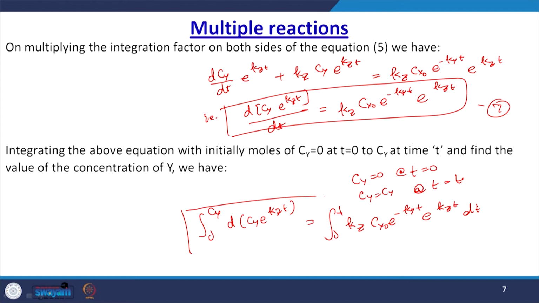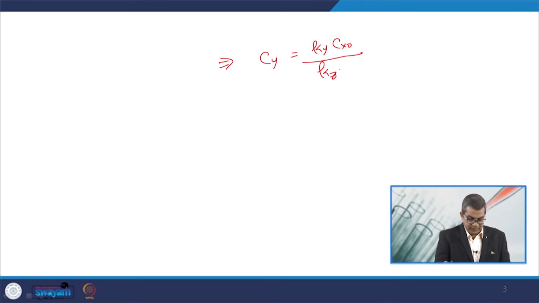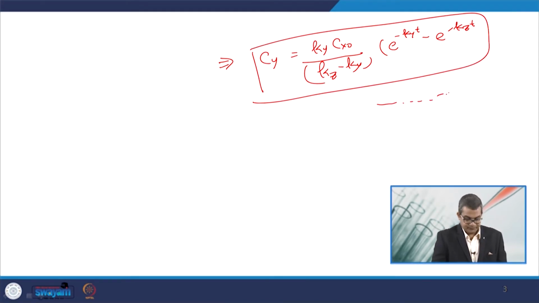You may say that this is equation number 8. This can be rearranged and written as Cy is equal to ky Cx0 upon (kz minus ky) into (e^(-ky t) minus e^(-kz t)). Now, you can write it as equation number 9.